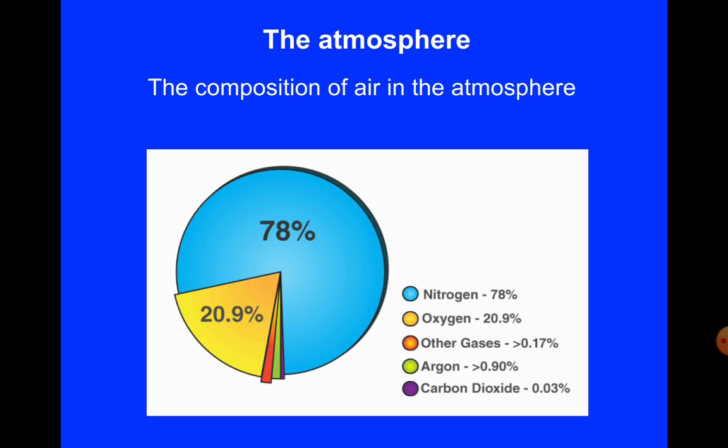Argon 0.9% and carbon dioxide, you might be surprised, 0.03%, but it has a huge impact, which we'll talk about. It's actually increasing, and you probably know why the carbon dioxide is increasing. Okay, so air is actually a mixture of different elements and compounds.